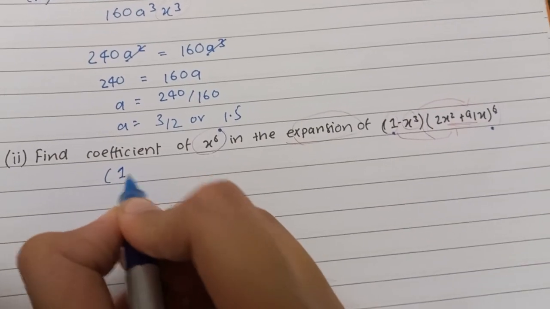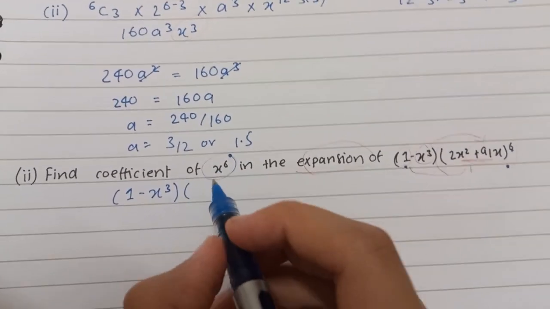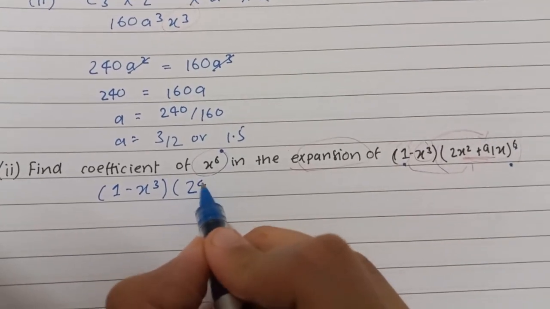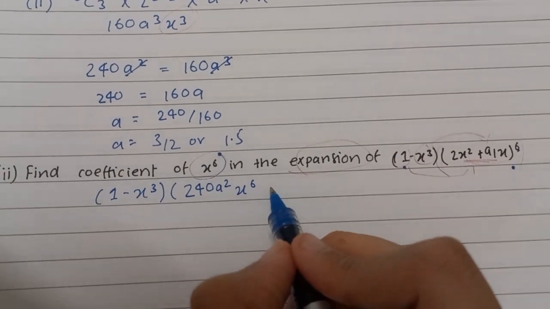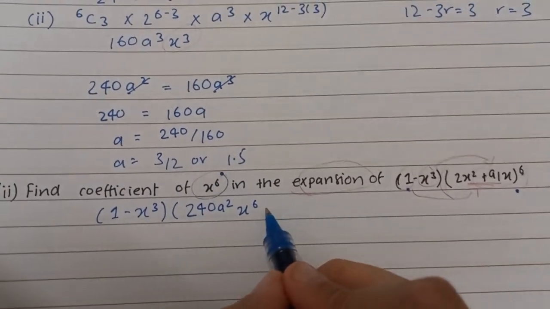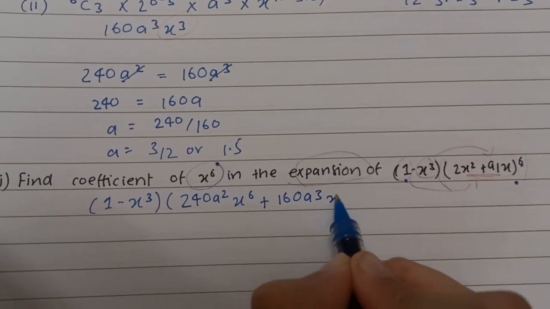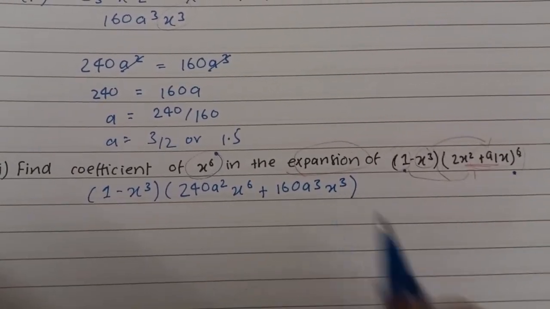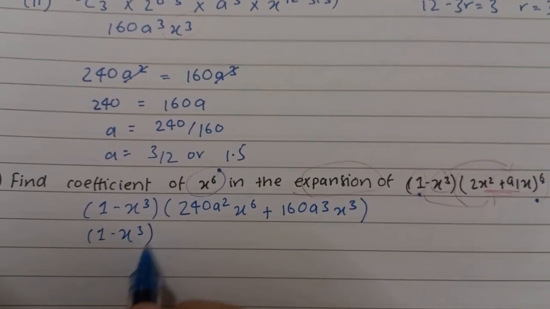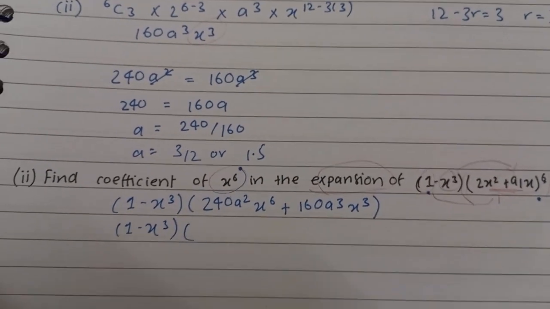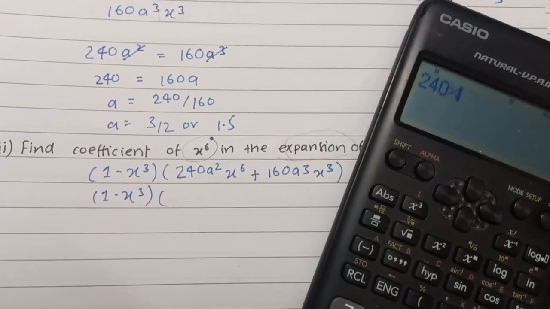We have (1 minus x³), and then we have (240a²x⁶ plus 160a³x³). We're going to write this as is, and since we already found what a was in our first part, we are going to solve it for a.